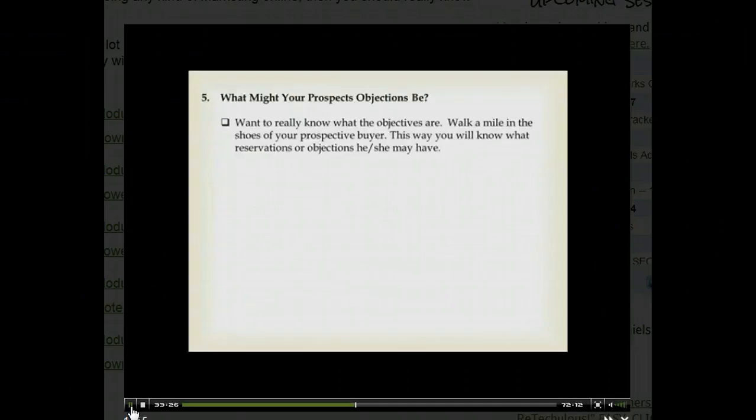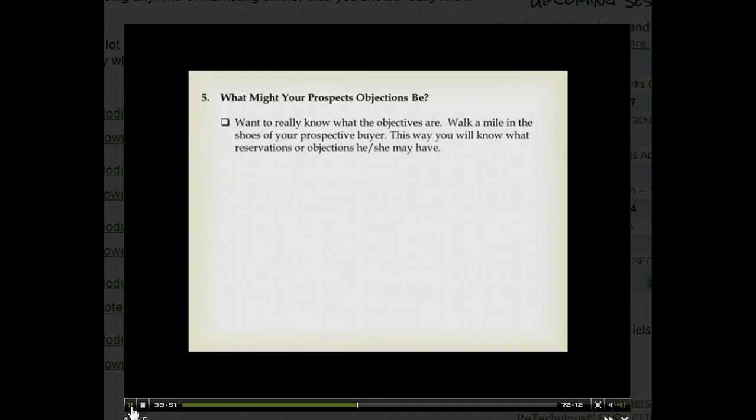What might your prospects' objections be? This is something that's really important, because as somebody's reading your sales copy and thinking about the product they're maybe considering buying, there are going to be objections that come up in their mind. They're going to be things like, I wonder if this is newbie friendly, or, does this have a lot of technical aspects? Do I need a website?